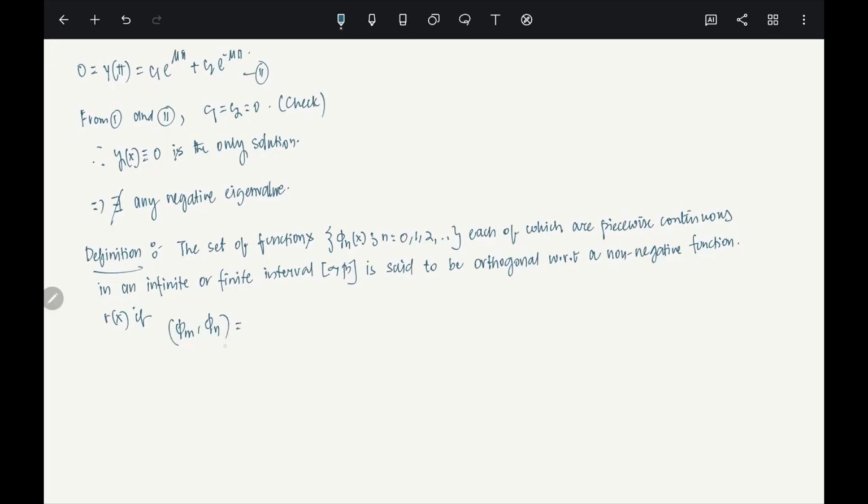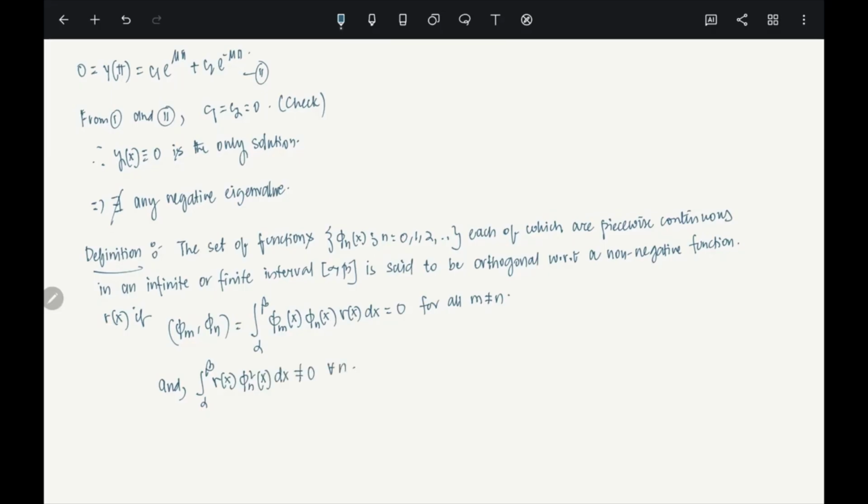Given two functions, the inner product is defined like this: the integral from alpha to beta of phi m of x, phi n of x, r of x dx. This has to be 0 for all m not equal to n. And the integral from alpha to beta of r of x, phi n square of x dx is non-zero for all n.